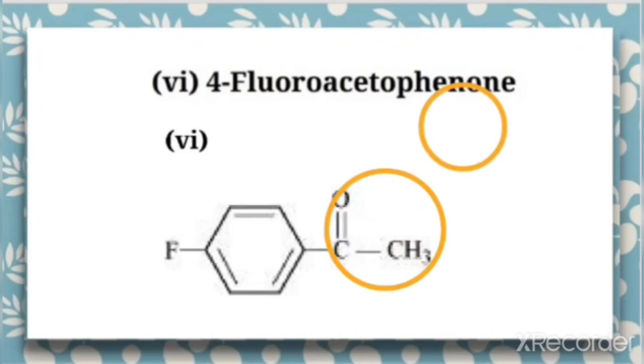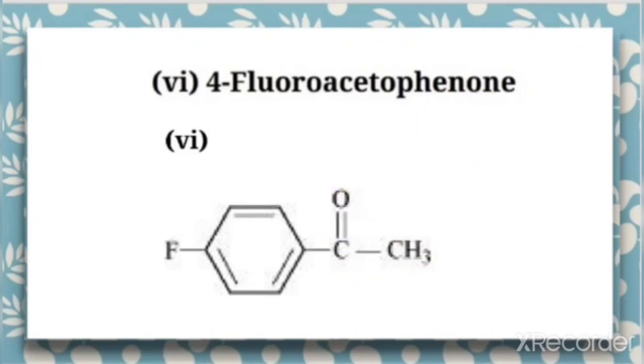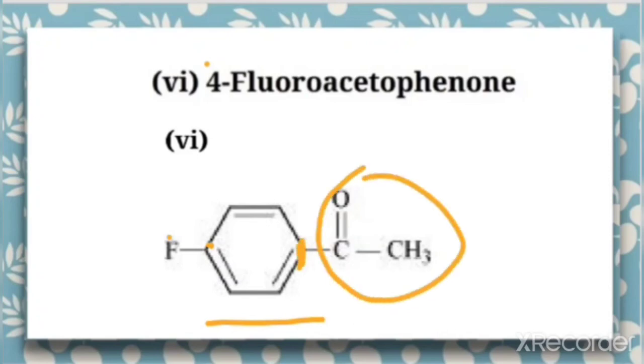Phenone word is used means there will be a benzene ring. So the benzene ring, and on the benzene ring there is a group, that is fluoro, on the 4th carbon. So here this is fluoro, you have to attach on the 4th carbon, and this is taken as the 1st carbon, and on that carbon we have a group, that is the acetophenone.